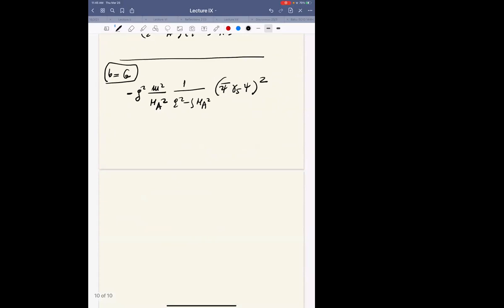Okay, so in other words, when I sum them, A part plus B, so this is my psi dependent effective interaction, scattering amplitude.